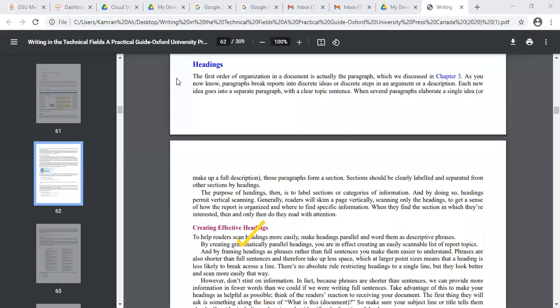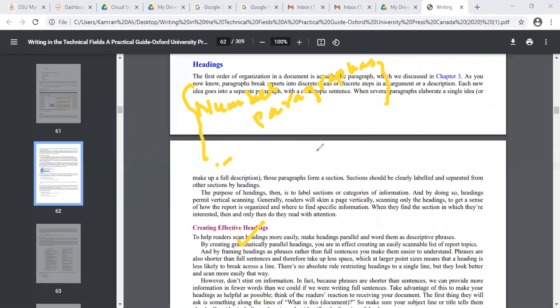Now, see, for example, if there is a topic, any topic, right? And that topic is being covered in a number of paragraphs, which are about the same topic.